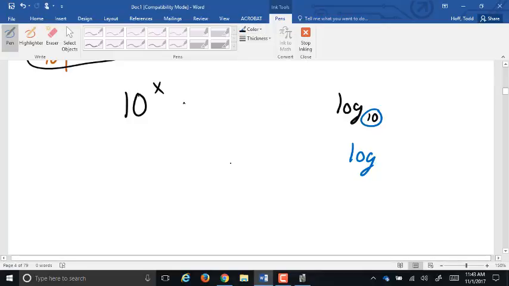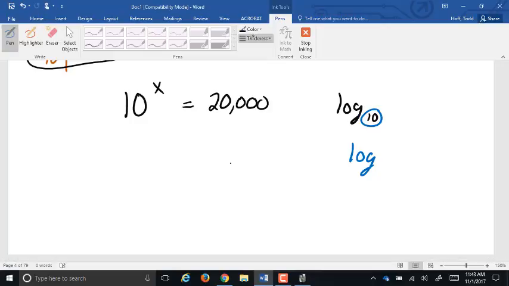If we are told that 10 to the x equals 20,000, it's asking us, 10 to what power is 20,000? So the way we would solve that, just like we use a square root to get rid of x squared or a fourth root to get rid of x to the fourth, we have to do the log of both sides.